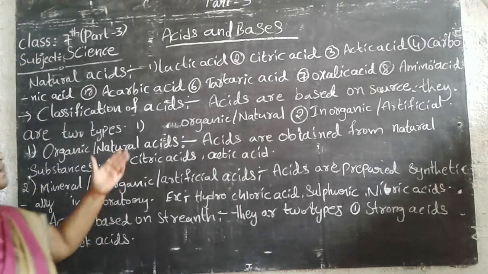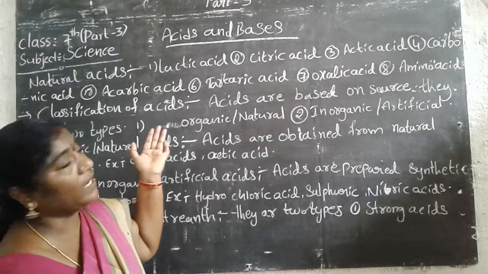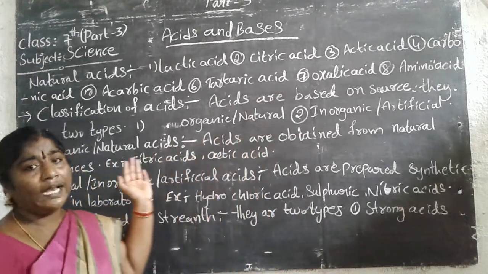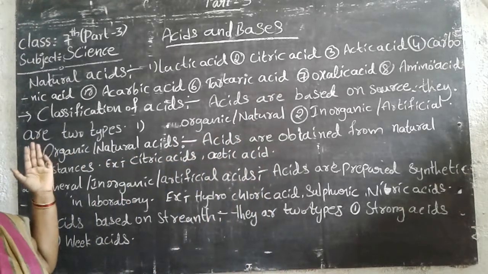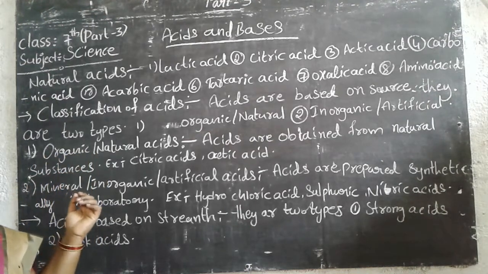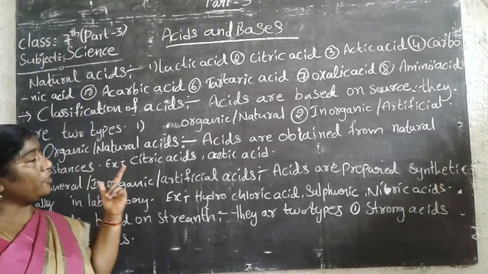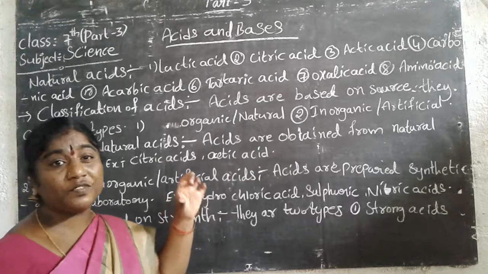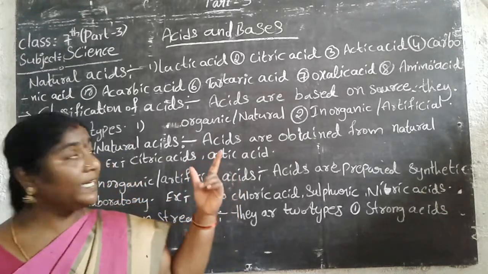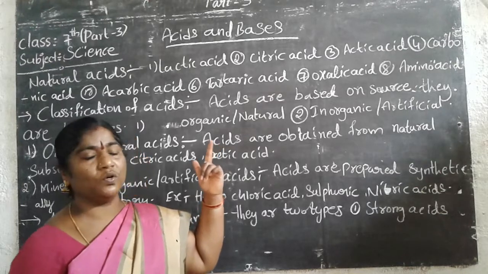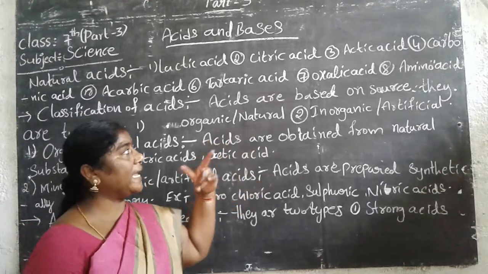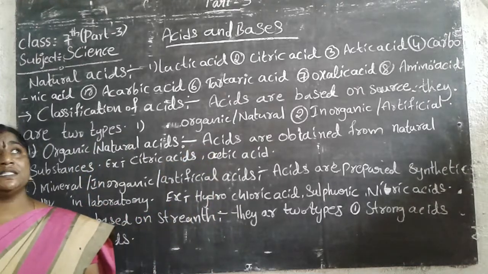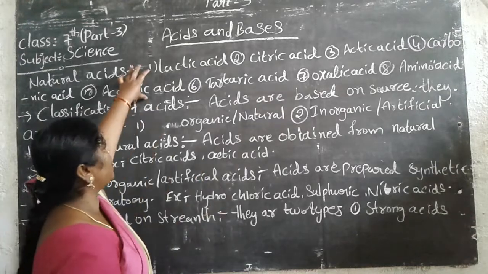Examples: lactic acid, curd; citric acid, lemon and orange; acetic acid, vinegar; carbonic acid, cool drinks; tartaric acid, tamarind and grapes; oxalic acid, tomato and spinach; and the eighth one, amino acid, belongs to proteins. These are the natural acids.